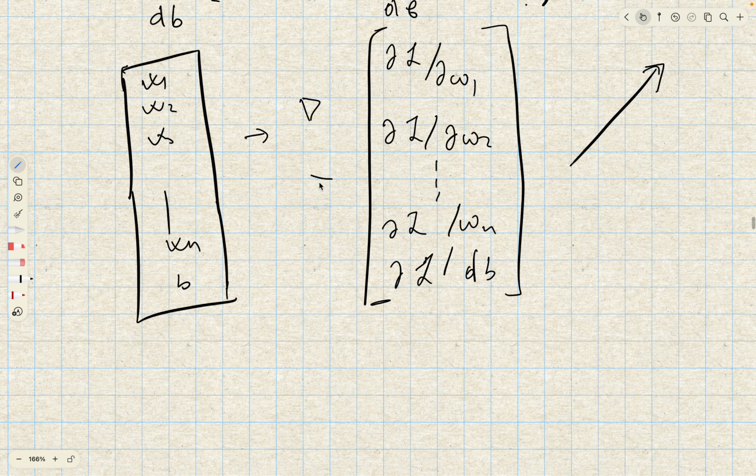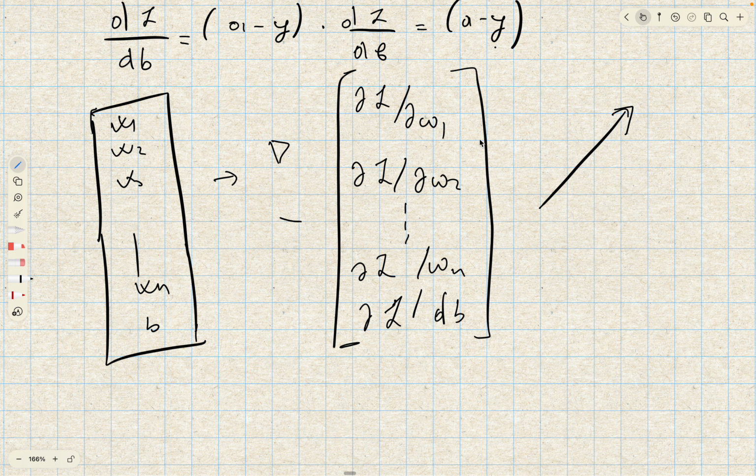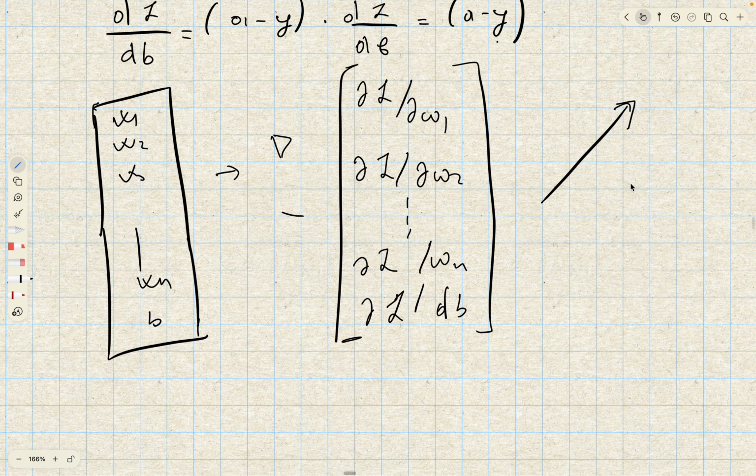That's why we put the negative sign in the gradient. So this vector is the vector along which, if we go in the input space, the loss function will decrease the fastest.